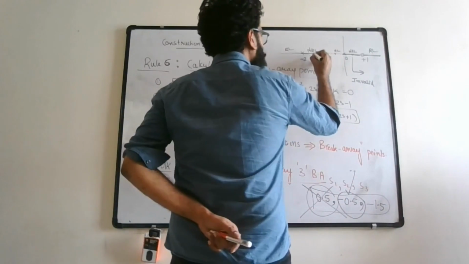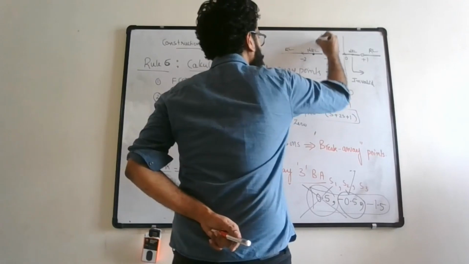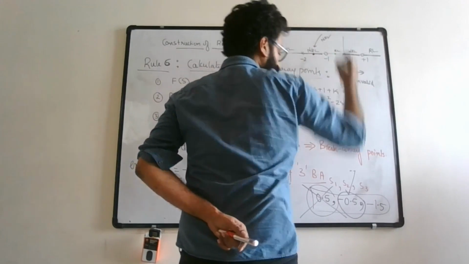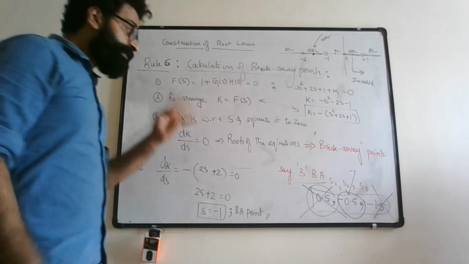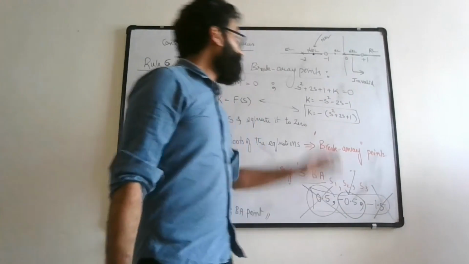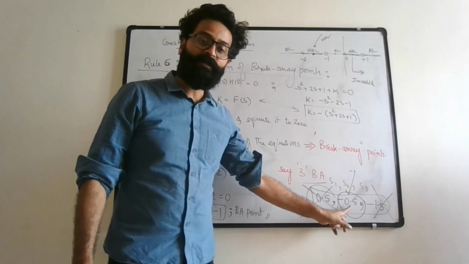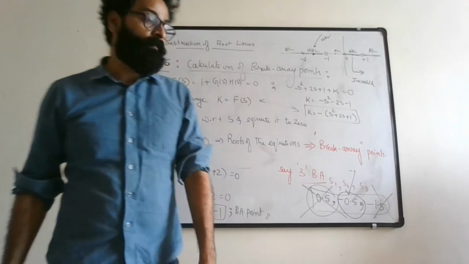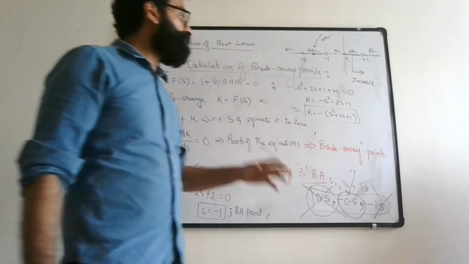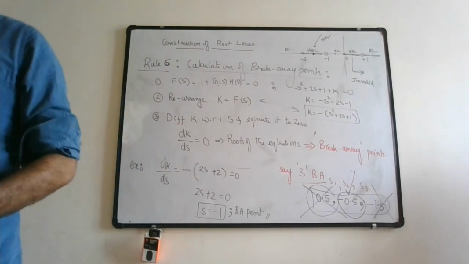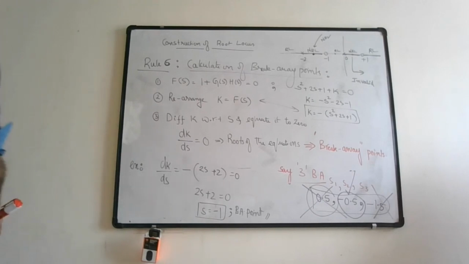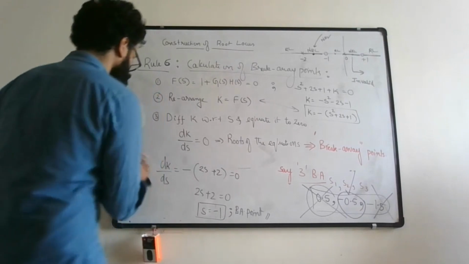It is getting traced somewhere here, and this is also NRL, so it becomes invalid. So out of 3 breakaway points, by applying rule number 3, we found only 1 point is valid. So this rule helps in validating the breakaway points. All right, fine. So that's about rule number 6 and the connection of rule number 6 with rule number 3.